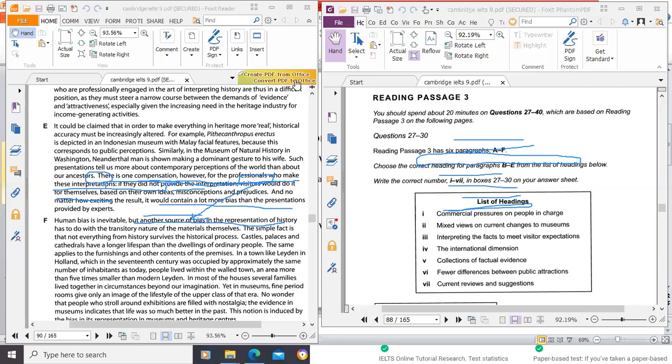But I'm not so convinced about the option we picked. Okay, which one? Paragraph D. Okay, good. I'm not so convinced about that option. Okay, so I'm going to note it down, paragraph D.